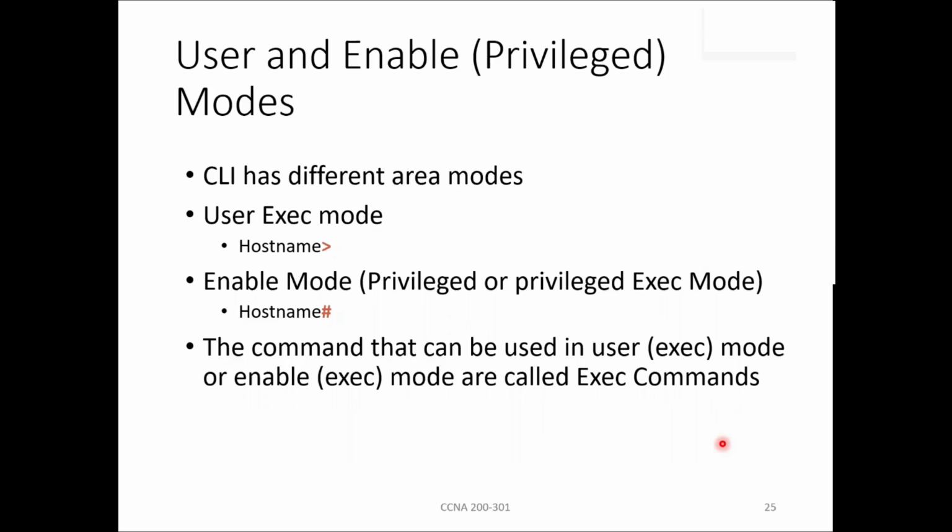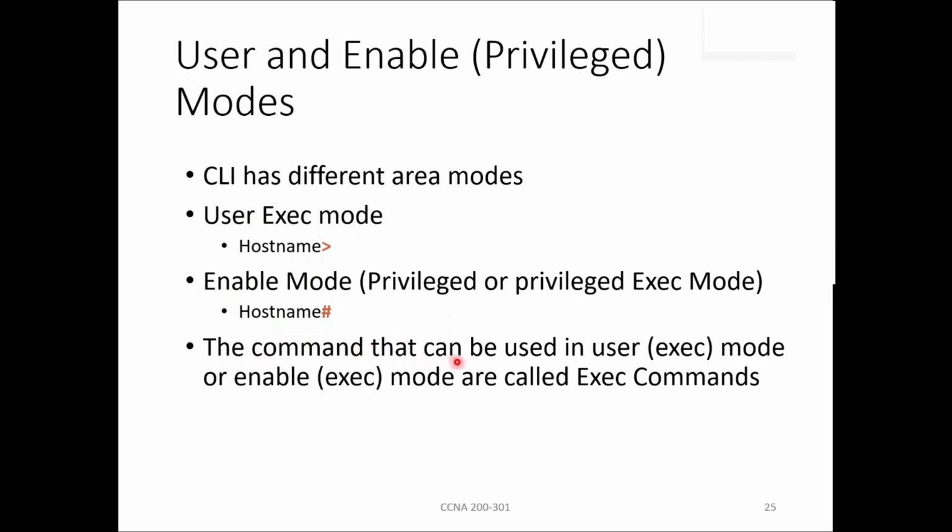Now, when you log into the CLI, we'll be able to see different kinds of modes. We have user mode. User mode looks like the hostname followed by an arrow sign. After that, we can go to enable mode by typing enable. You get the hostname and a hash sign. This is called enable mode.